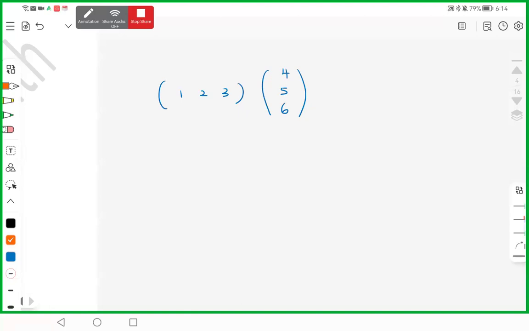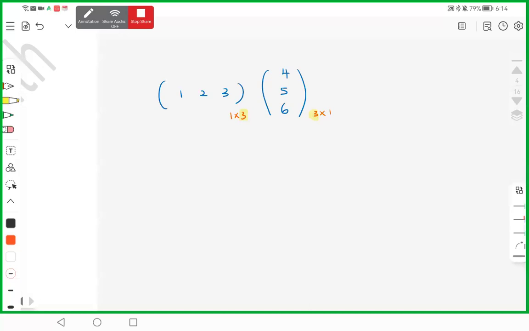Horizontal, vertical. Rows, columns. One row, three columns. This one, three rows and one column. Can, right? Yes, can, because the number inside, they are the same. 3 and 3.